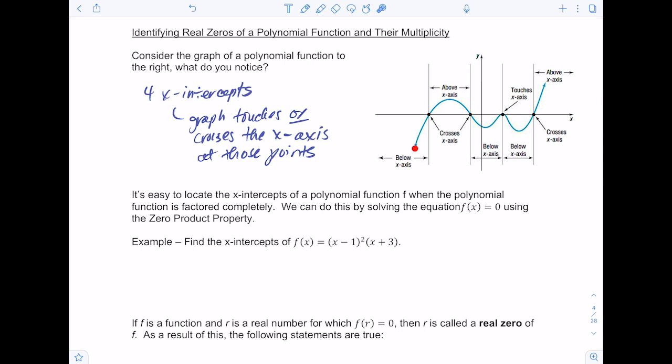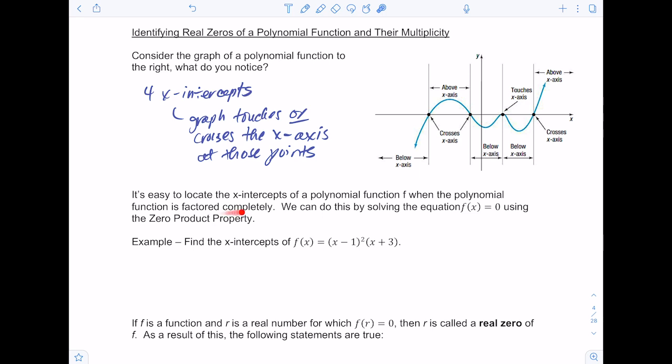It might cross through, but then here it only basically touches that point. It doesn't really cross through. It doesn't go through the axis. It hits the axis, changes direction, and keeps going. Then it crosses through.